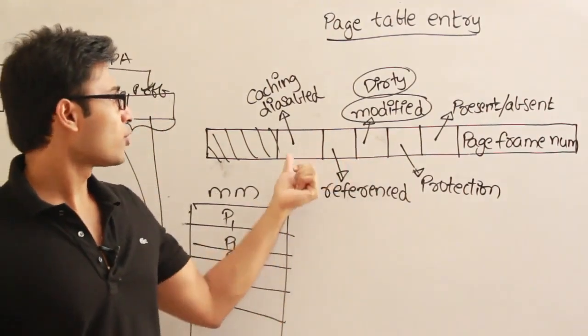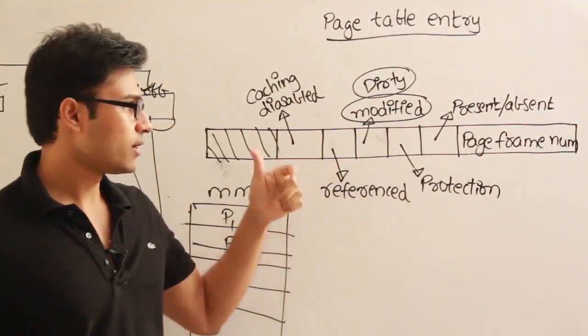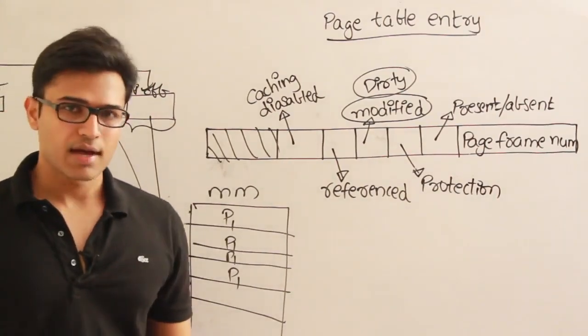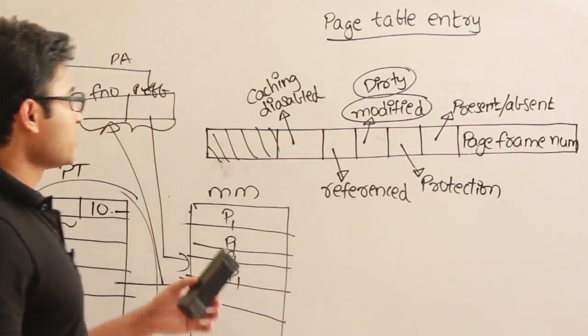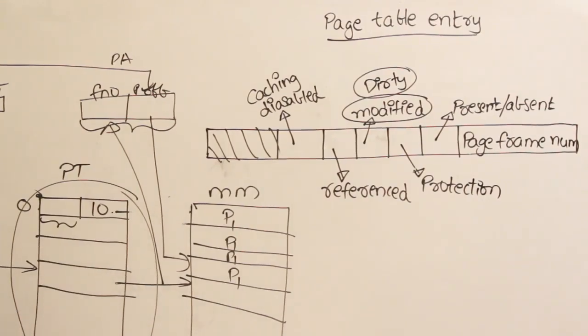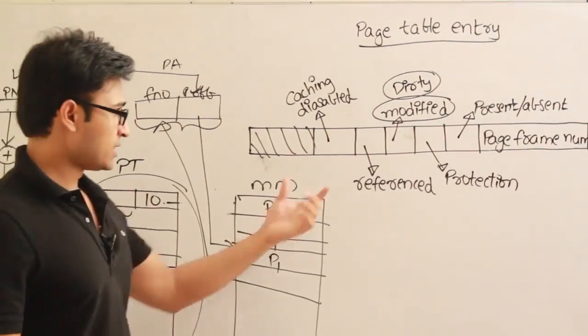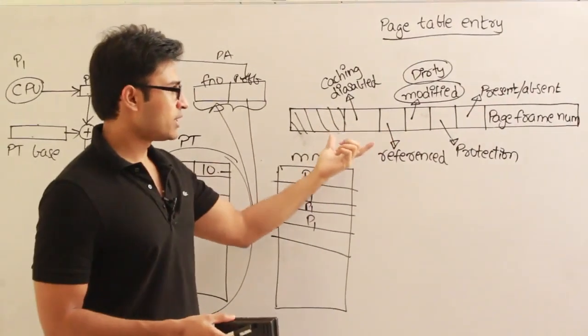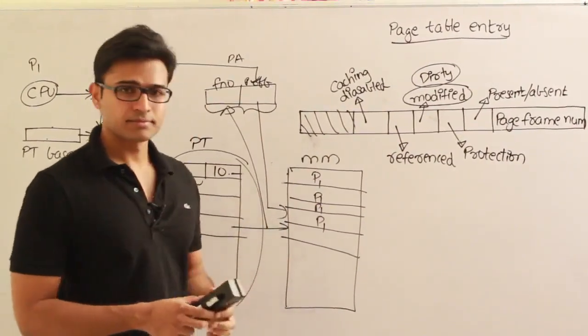Protection bits, dirty bits, everything put together, how many bits would you have given for that? So some questions are possible like this. We shall solve them, right? So this is all about the page table entry, and this varies from textbook to textbook and from implementation to implementation, but this is the most generic one I have taken, right? Okay.